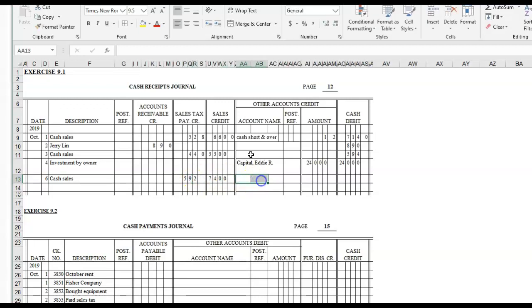And we know that this is cash short and over, which never seems to fit here for some reason.